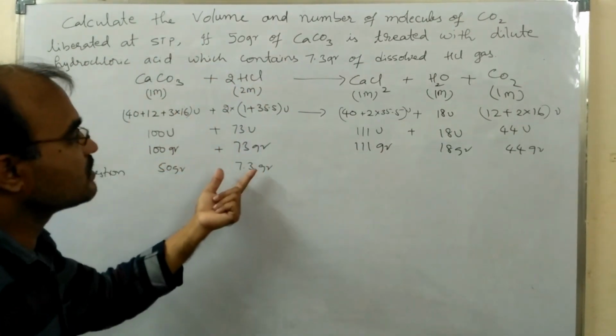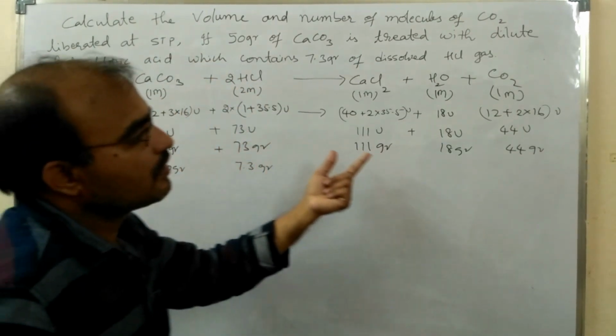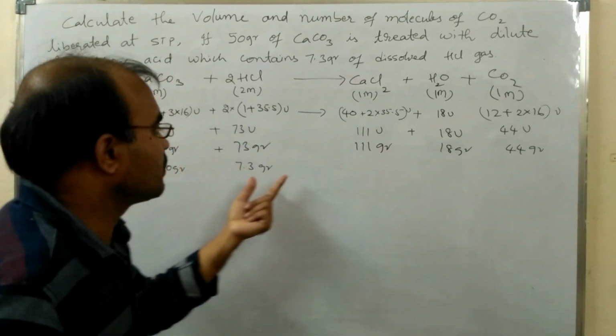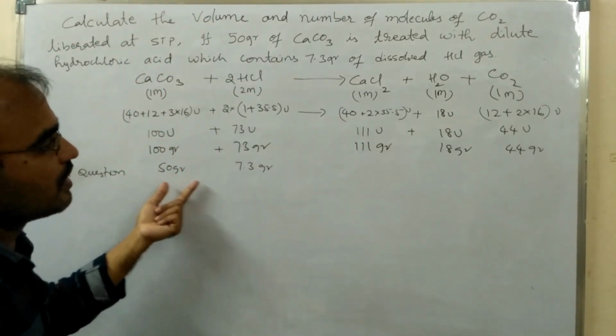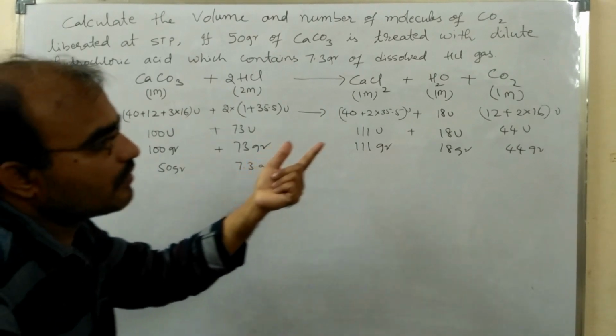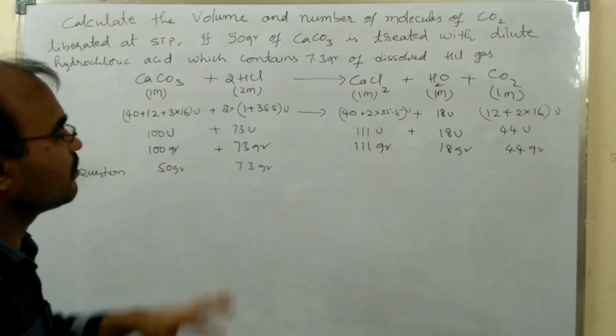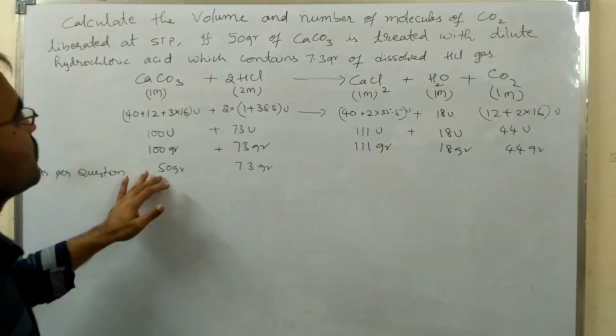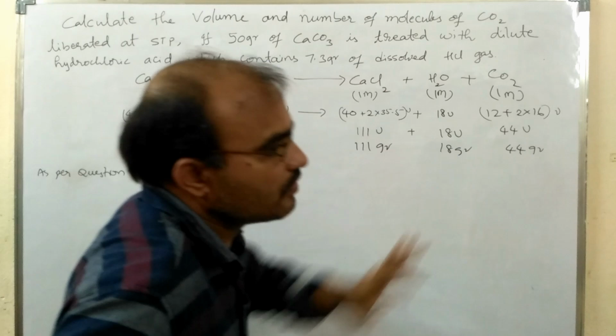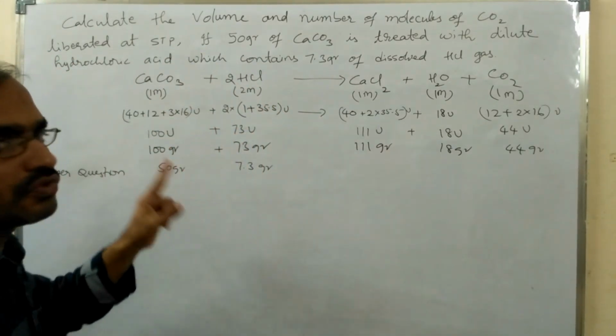So here, as HCl is available in less quantity, the formation of the products will depend upon HCl, not on calcium carbonate, because it will complete soon. So we have to consider HCl versus CO2, not CaCO3 versus CO2. For more, if you observe, they may ask you some different question.